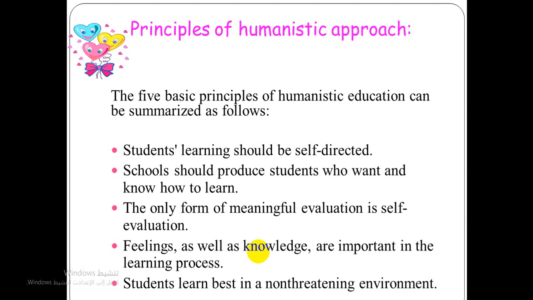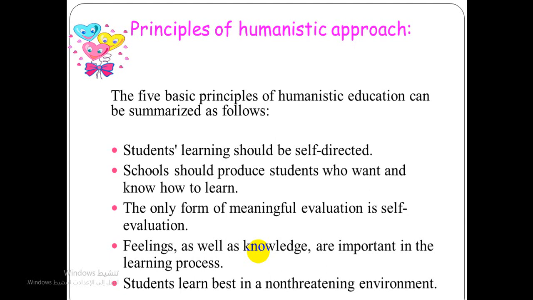Students should be self-motivated in their studies and desire to learn on their own. Another principle is that humanistic educators insist that schools need to provide students with a non-threatening environment so that they will feel secure to learn. Once students feel secure, learning becomes easier and more meaningful.